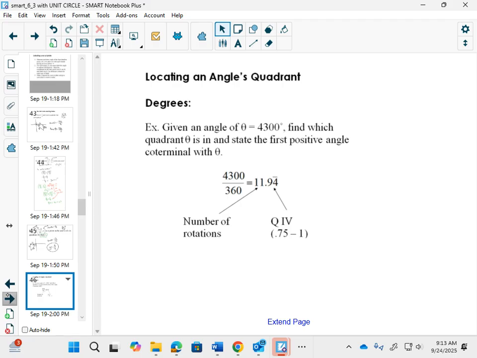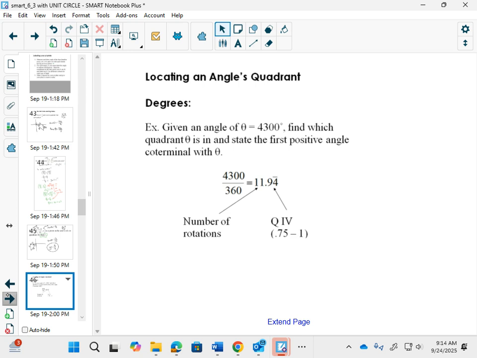So if we know the quadrant, it becomes really important for CAST rule stuff. If we know a quadrant and a reference angle, it's super powerful. So what we're going to do in the next little bit of notes is just think about how we could, either with our calculator or without our calculator, find out where an angle is. So I've got a huge angle here, 4,300 degrees.